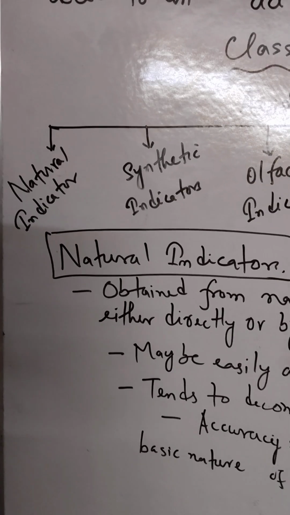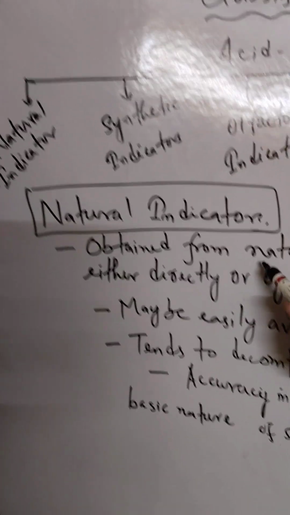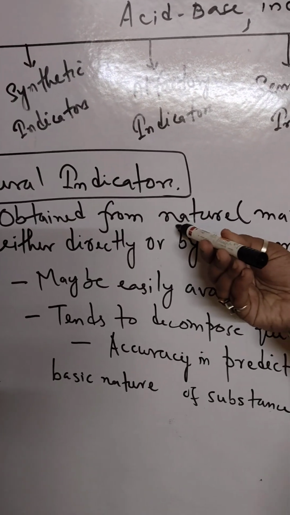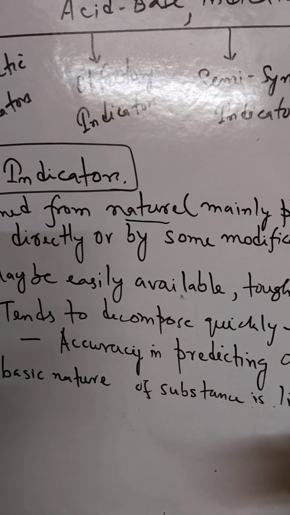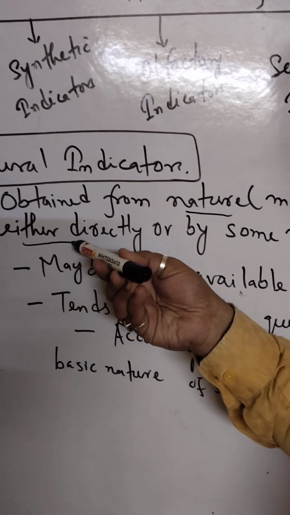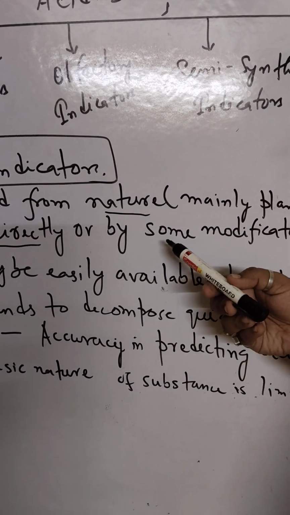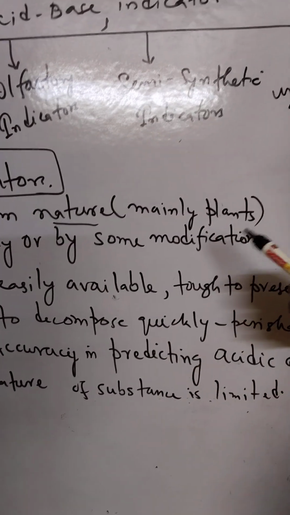Now, natural indicators, as the name suggests, they are obtained from the nature, mainly the plants. Either you obtain it directly, that means you just take the compound and form the extract and then use it, or secondly, you can go by some modifications.